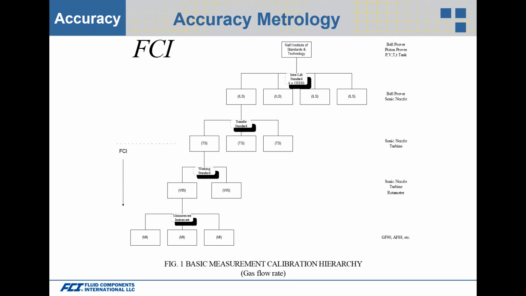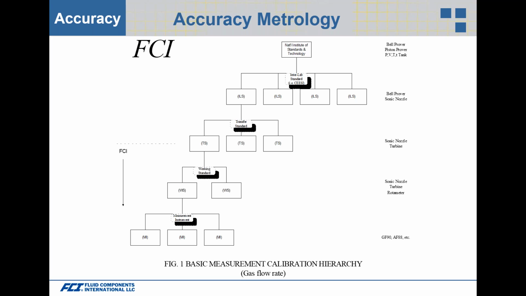And accuracy metrology, how it all actually comes about. So you have NIST, which is at the top of the screen, National Institute of Standards and Technology. They maintain bell provers and sonic nozzles in their lab. And that's the second row. The third row is those bell provers and sonic nozzles, they calibrate their own sonic nozzle or turbine. And those are used as the transfer standard to the manufacturer's meter, primary meter, calibration meter.